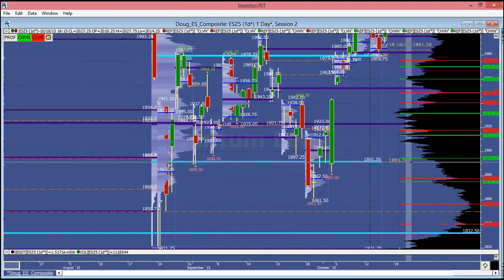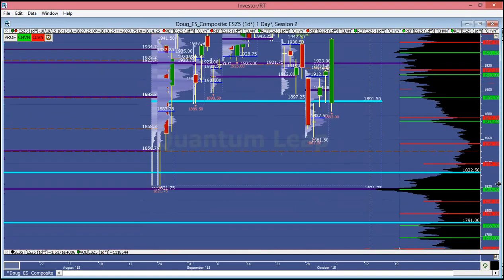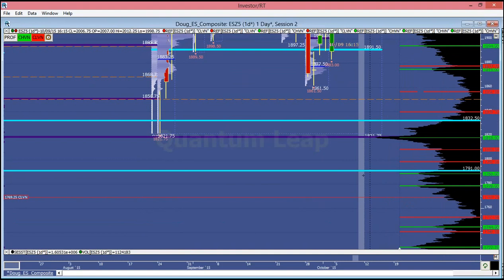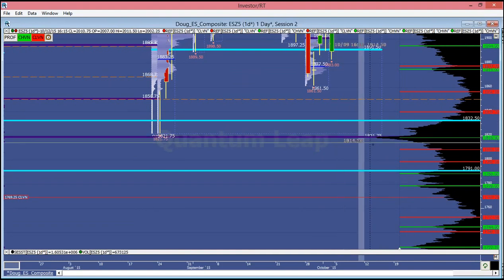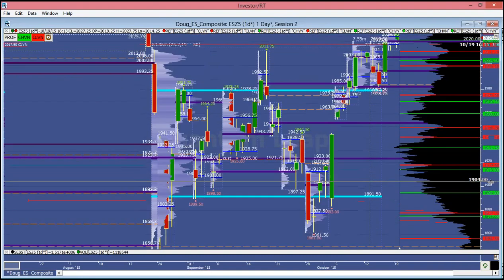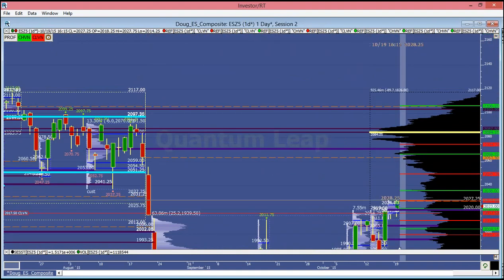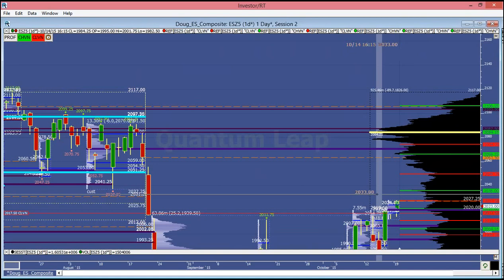But if we don't hold this 1891.50, then I think we've got a bigger rotation down into this distribution in the low 1800s, around that 1821 area.